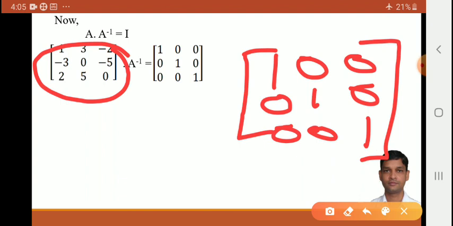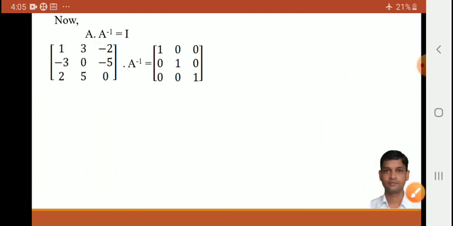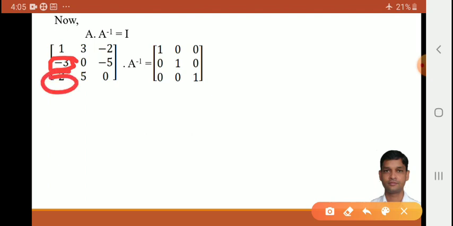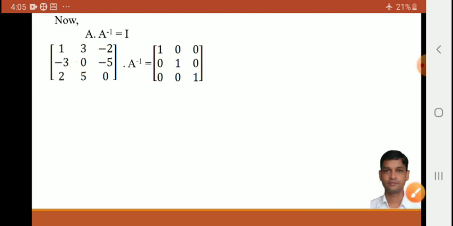So for that, at the first position there is 1, so we have to just adjust 0 here and here. First we will adjust 0 at the place of -3. So for that we multiply the first row by 3 and add it to the second.